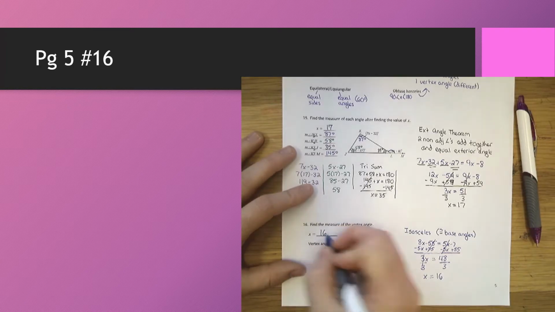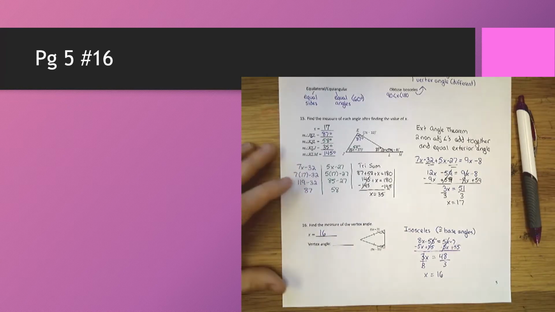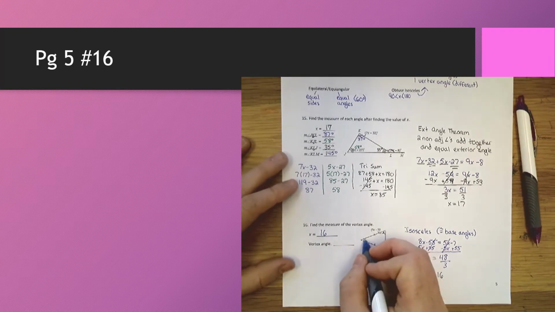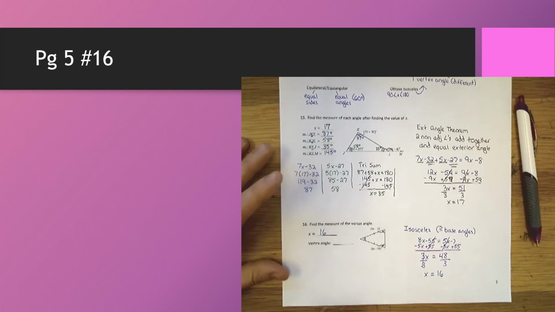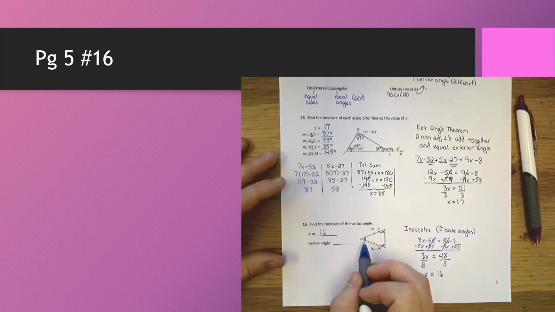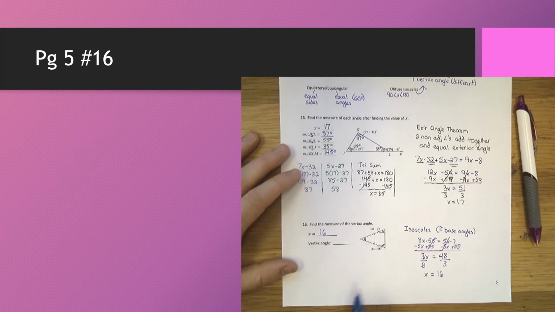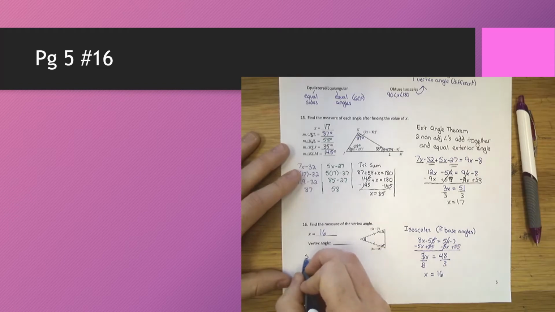So x is 16. Now, they want us to find the vertex angle. The vertex angle is up here. So I don't have an equation for that. So what I'm going to do is plug x into one of these equations. I'm going to plug it into the 5x minus 7. So 5x minus 7.